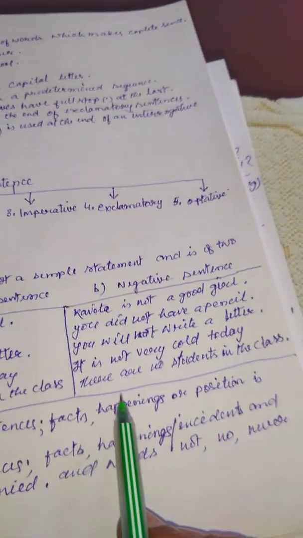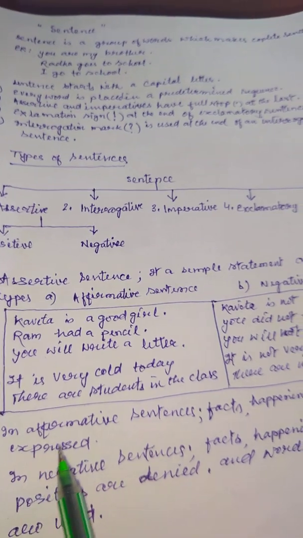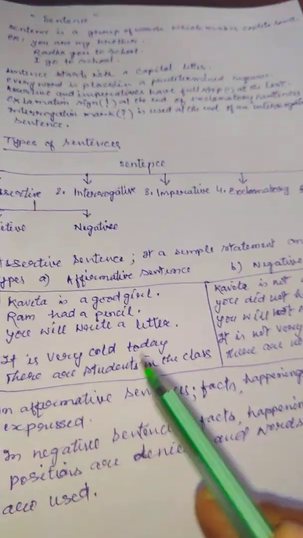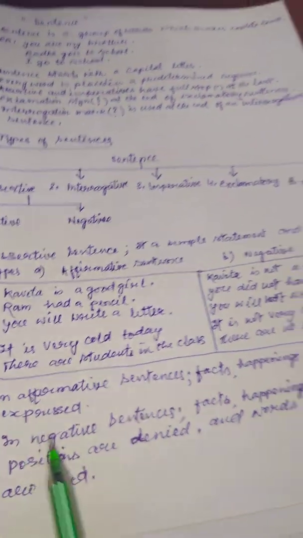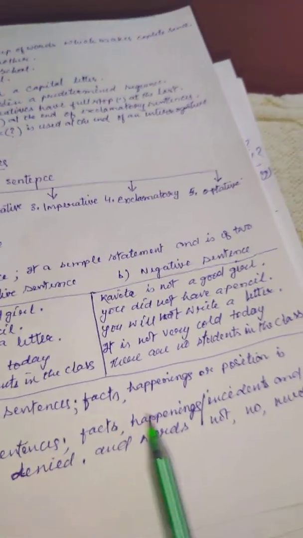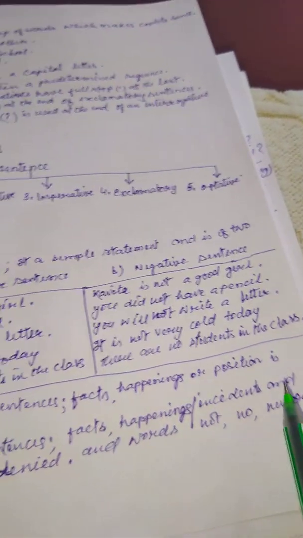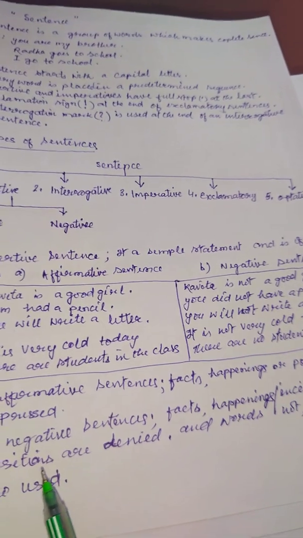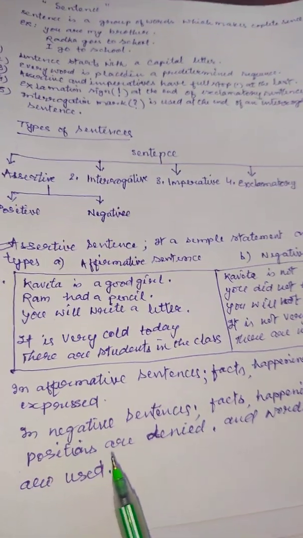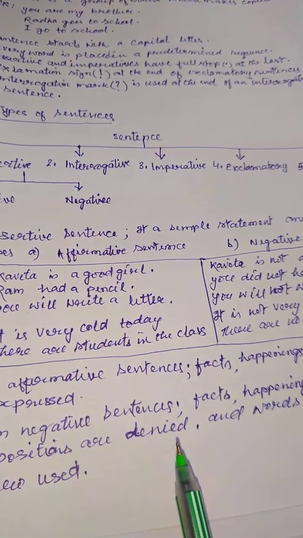In affirmative sentences, facts, happenings, or position is expressed or told. In negative sentences, facts, happenings, or incidents and position is denied.